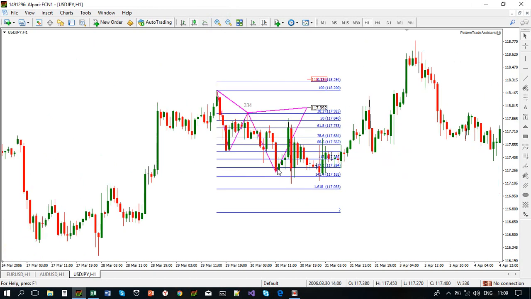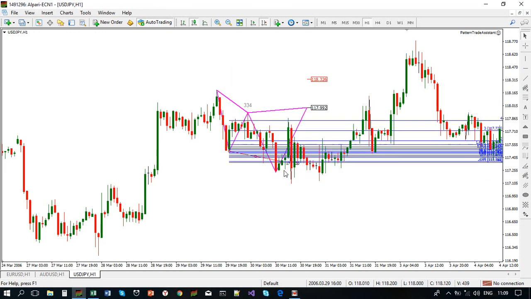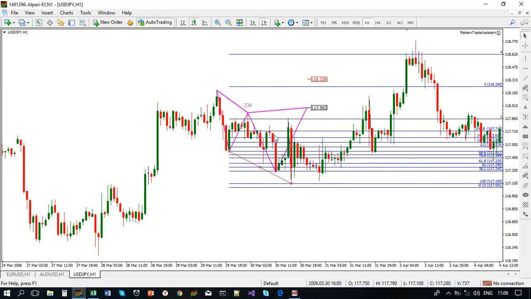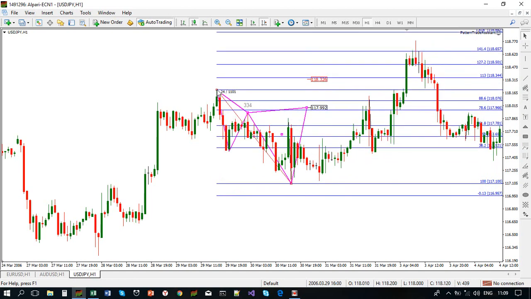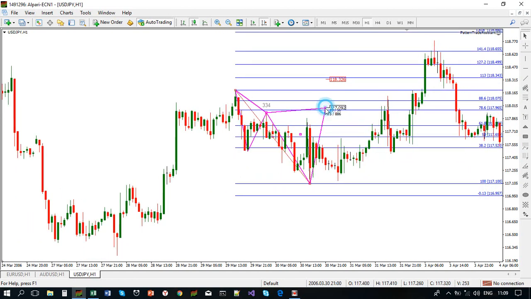Yes. Okay, we closed below 127, but 1414 was not hit. So this means that the cipher should be drawn this way, like that. This goes lower, yes, and this goes to new 786 level, yes. So the cipher should be adjusted.